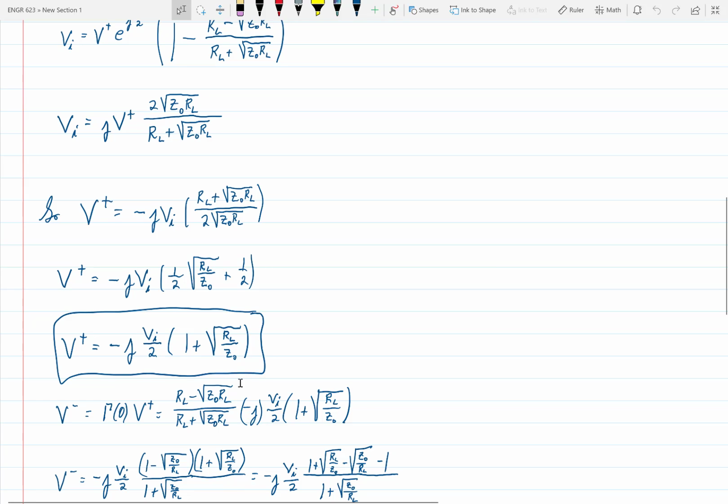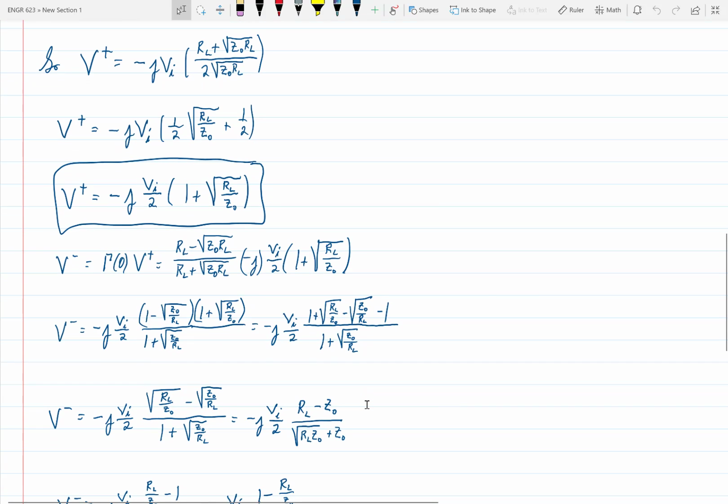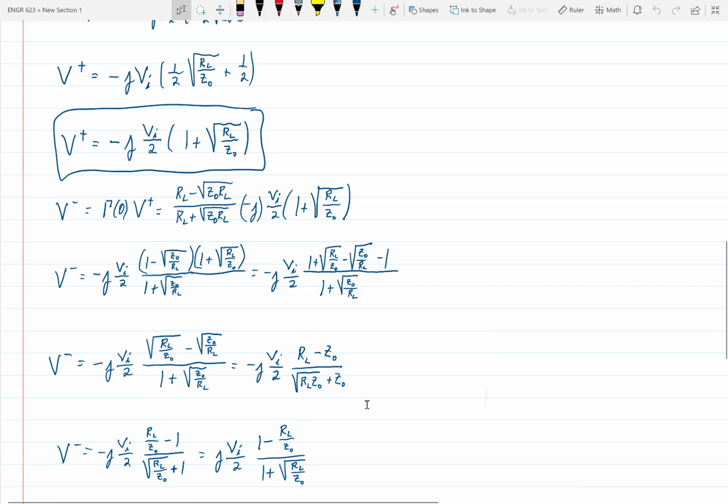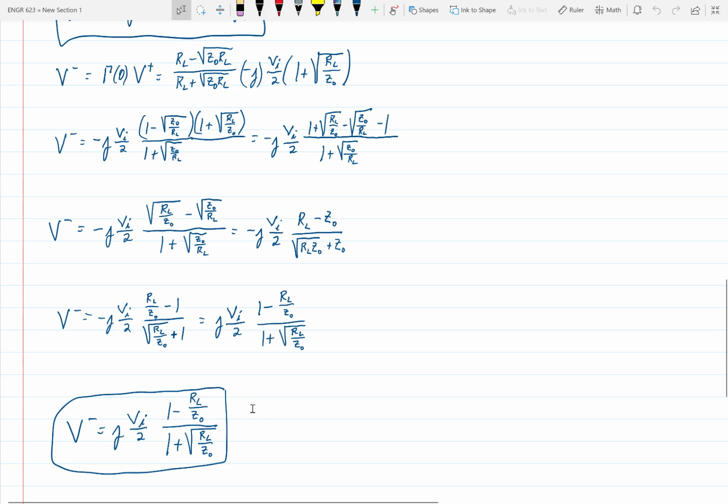And then we have this formula for V plus, which is minus j times VI over 2 times the quantity 1 plus square root of RL over Z naught. Well, this gets a little tedious algebraically, and I'm sure that different people might terminate this calculation at different points. I worked down to this expression right here.